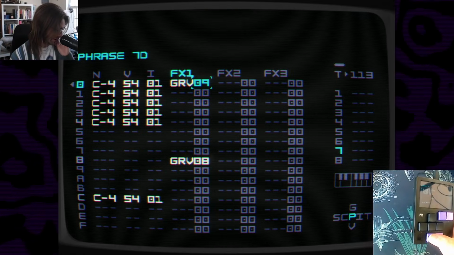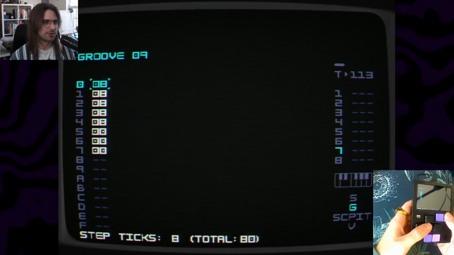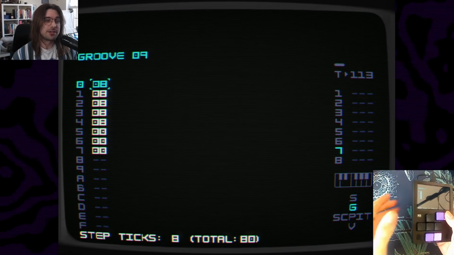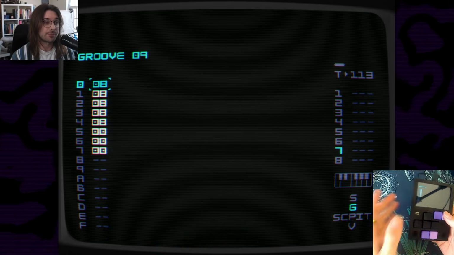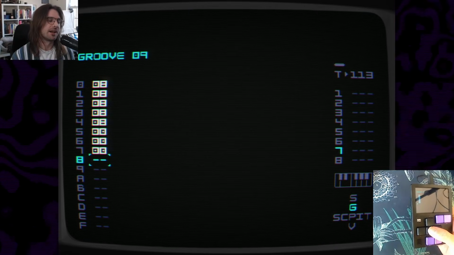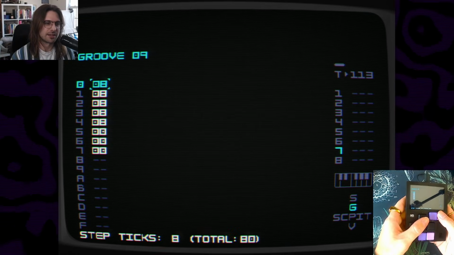Now we have our tempo and our tick rate. So the whole length of our phrase needs to be 80 ticks long, as you can see in the bottom. So I'm able to make 5 steps of equal length and then skip 3. And then theoretically I could do the same thing and it would equal that 80 ticks.